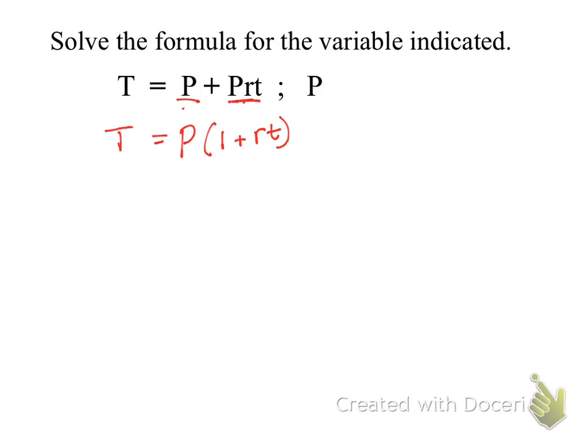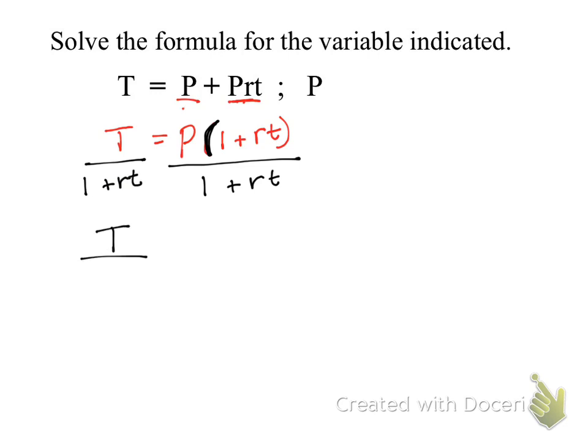Now, we want to get P alone, so what do we have to do? Notice what's happening to the P. What does the parenthesis mean? Multiplication of 1 plus RT. So what do I have to do? What's the inverse of that? Divide by 1 plus RT. Divide by 1 plus RT.